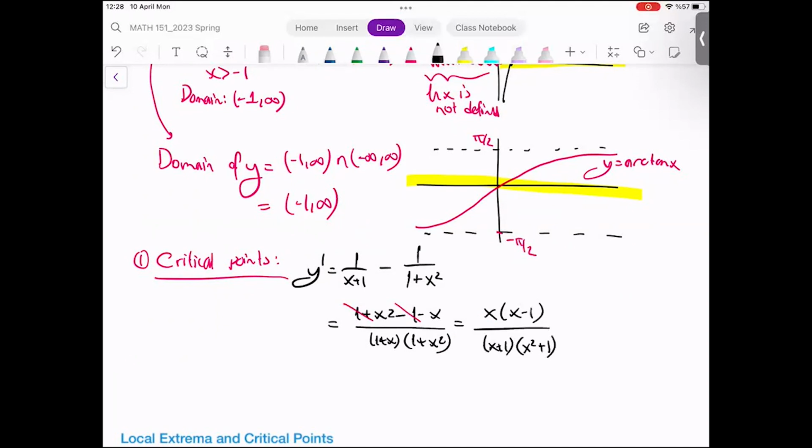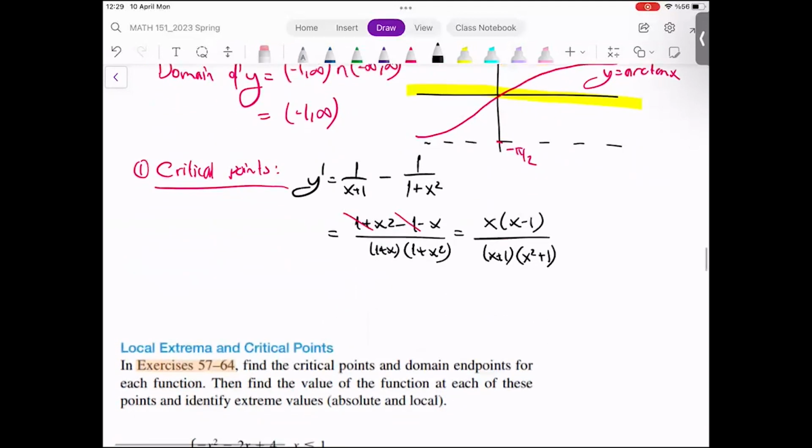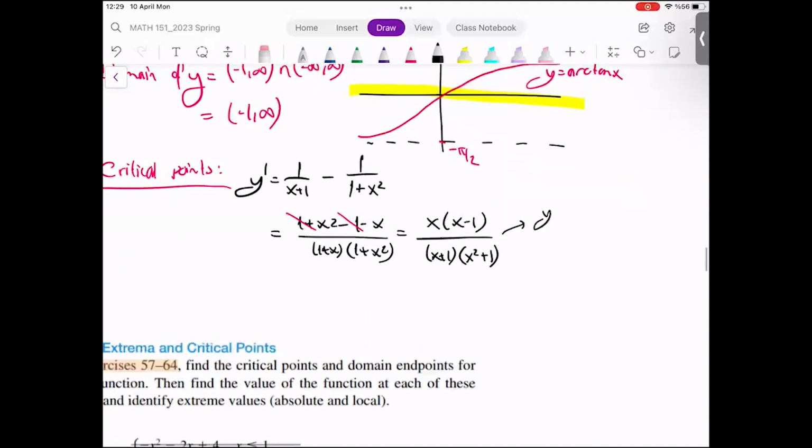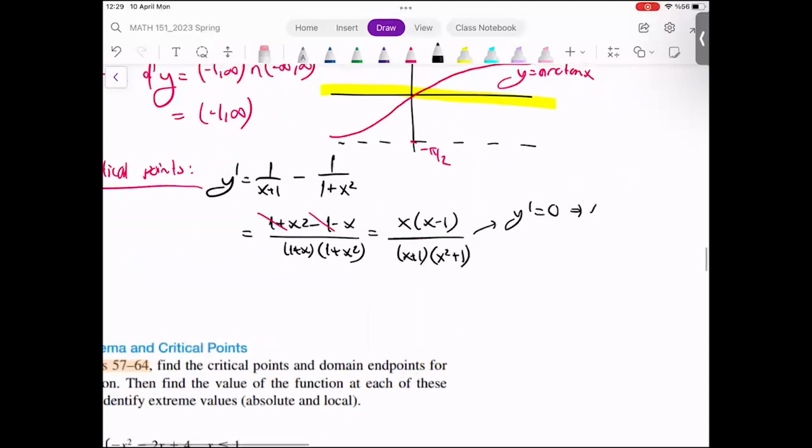And now we can search for where it is 0 and where it is undefined. This first derivative function is 0 at 2 points: when x equals 0 and x equals 1.